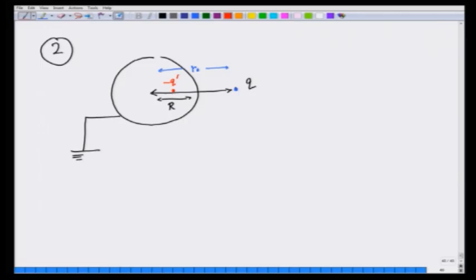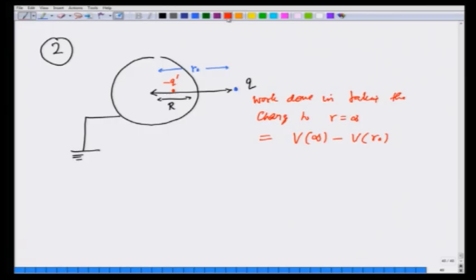Now, what we will do to calculate the potential is calculate the work done in taking the charge to r equal to infinity, and that work done will be equal to the potential energy at infinity minus the potential energy at r naught. How do I calculate the work done? I will calculate it by calculating the force on this charge.